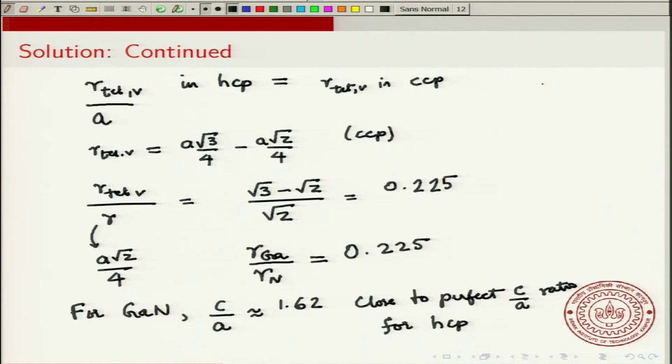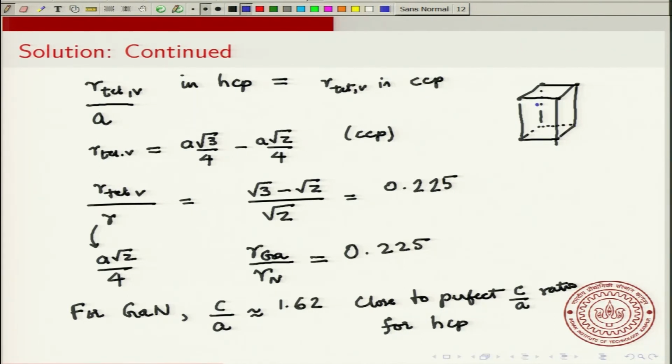So, just to illustrate, you have the hexagonal close packed structure, this is the unit cell, and the tetrahedral void is located right here.